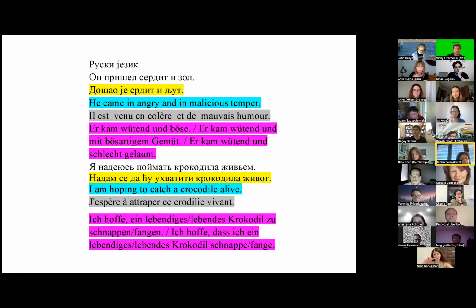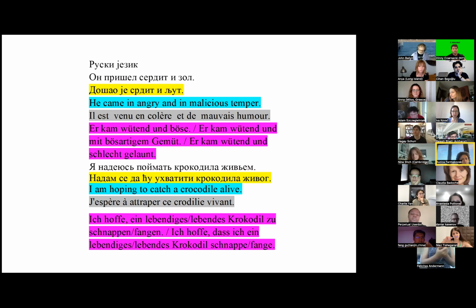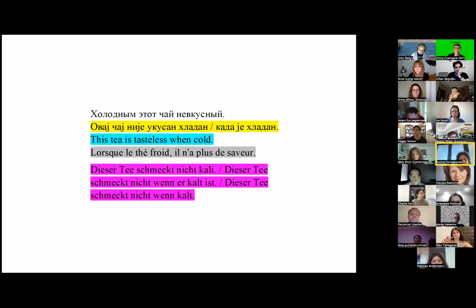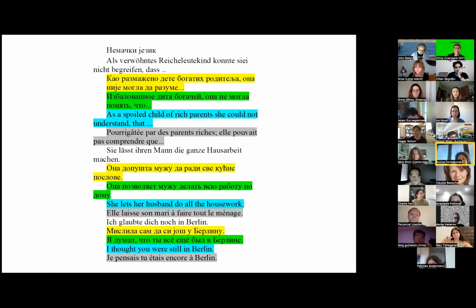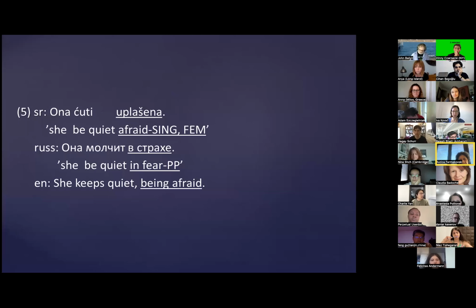And then the sentences from that language are translated into the other 4 languages. I only ask the translators for the best, most adequate translation. And as I'm running out of time, let's see some interesting examples.